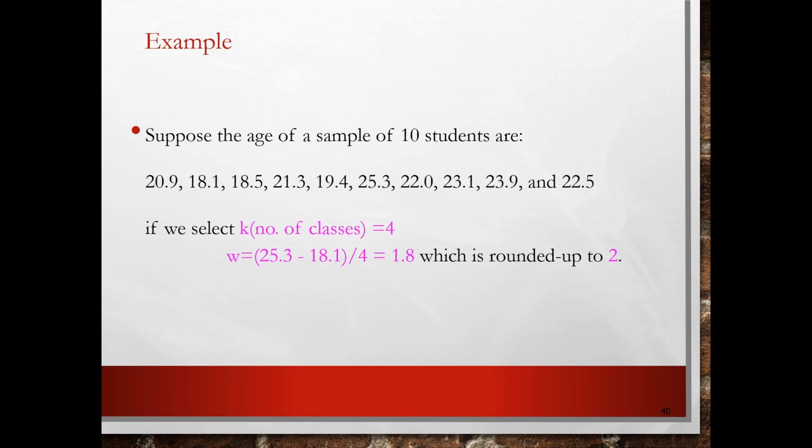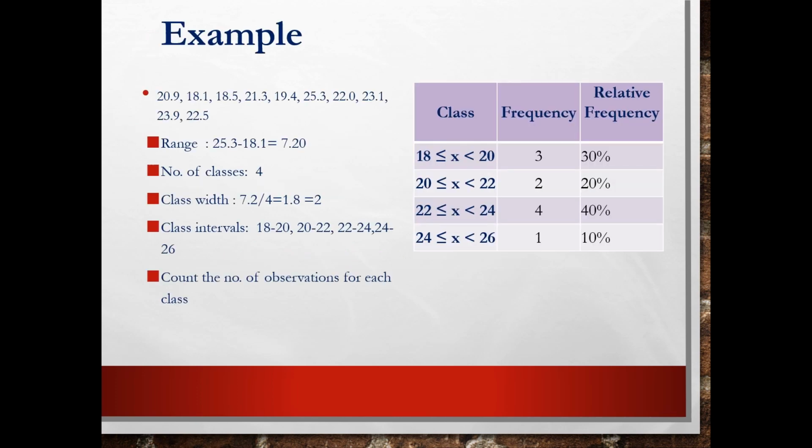So you will have class intervals like 18 to 20, 20 to 22, 22 to 24, 24 to 26. Since we have 20 in both classes, you have to correctly specify to which class the boundary value belongs. Here 20 belongs to this interval, right?